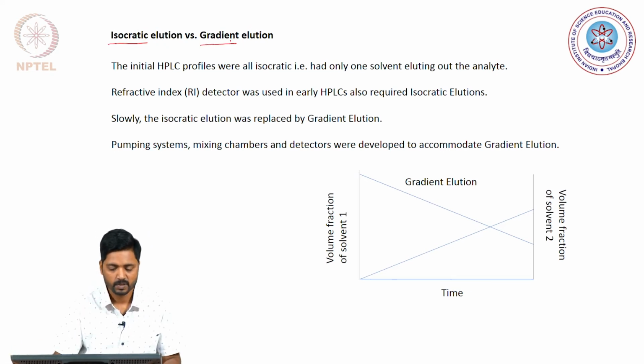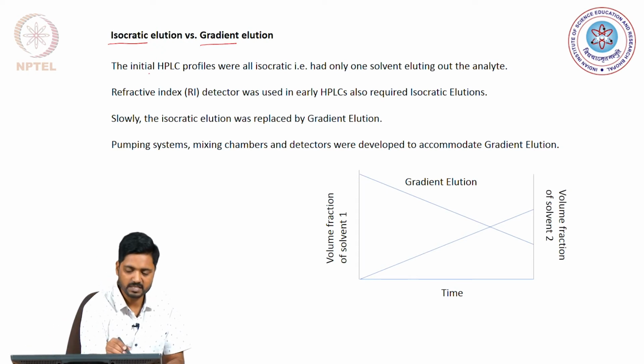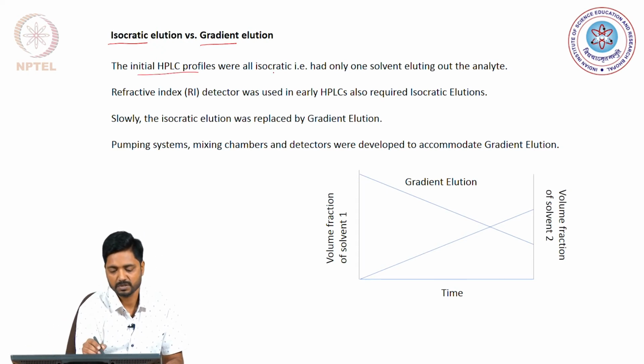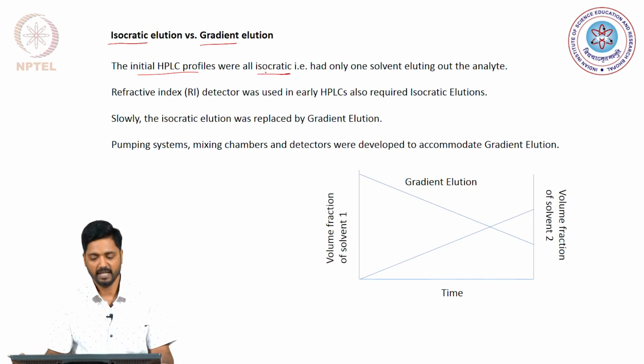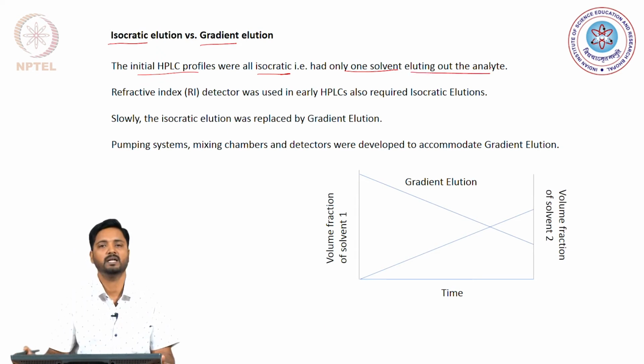What was originally done in the early HPLCs, and we are talking again about times which are about 50 years ago, was that the HPLCs were all isocratic. That means they had only one solvent used as the mobile phase to elute out the analyte or analytes of interest.